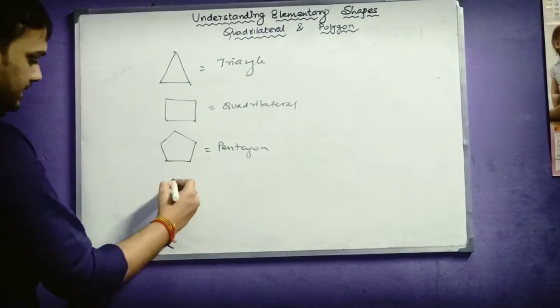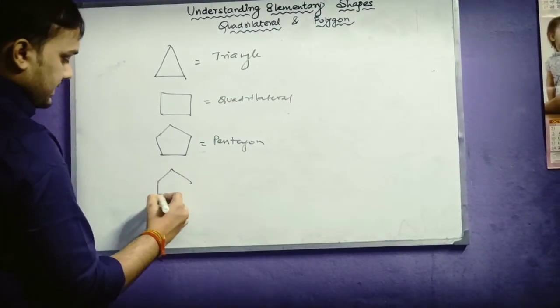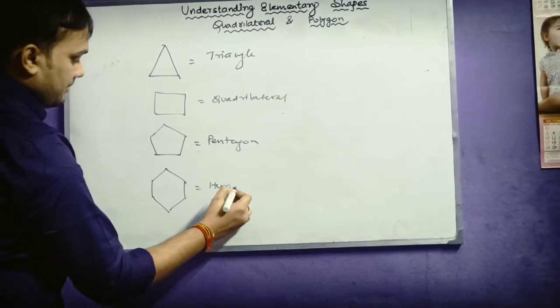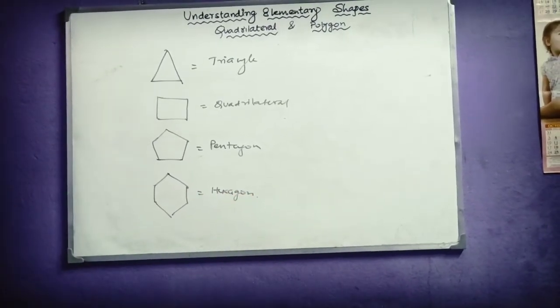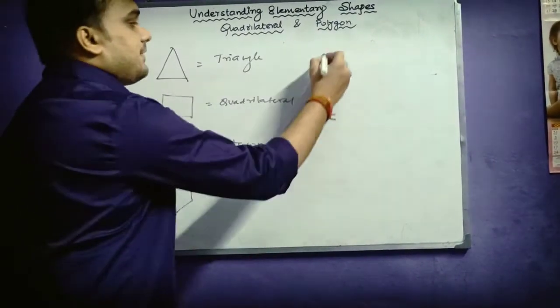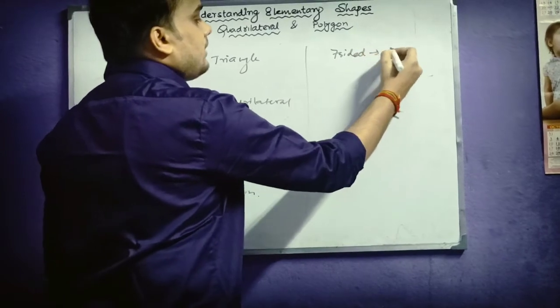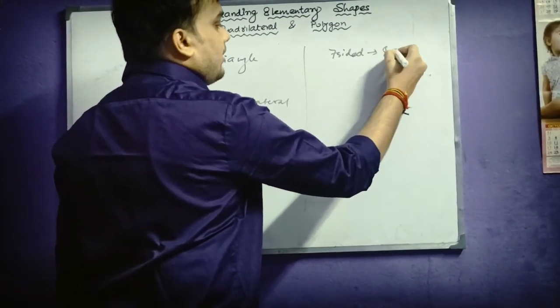Next is hexagon with 6 sides. Next is with 7 sides. A 7-sided polygon is called a heptagon or septagon.